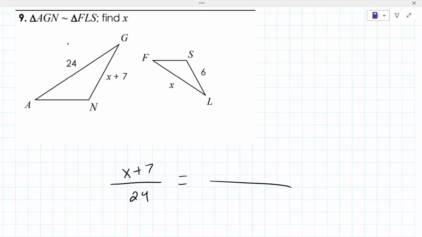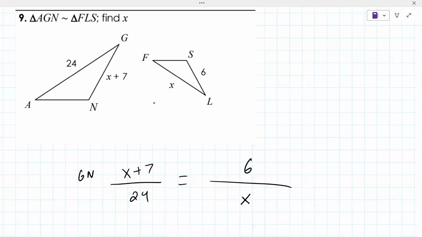And there's no second equation. Wait, no, it's x over 6. Got to be careful here. So this is G to N, right? The x to 7, x plus 7. That's going to be L and S. Oh, no, that would be 6. Sorry. So this is x on the bottom.